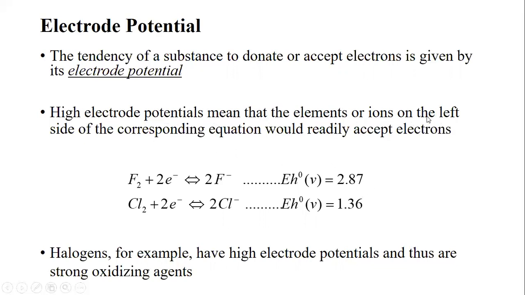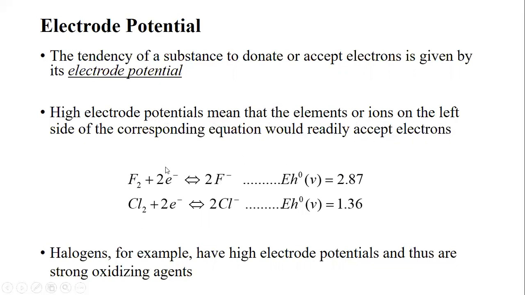That the elements or ions on the left side of the corresponding equations would readily accept electrons. So if you have high electrode potentials, you look at the equation, and you would know that the element or ion which is on the left would readily accept electrons.